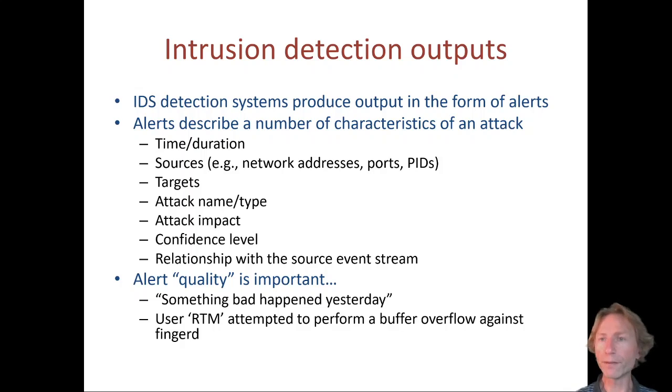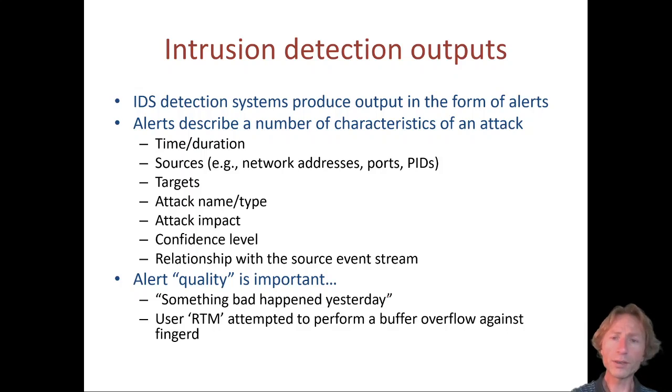Well, it will definitely tell you the time at which the event occurred, but it may also tell you sources, the targets, the attack name or type, if the IDS knows it, the impact of the attack, the confidence level, the relationship with the source event stream, so which events were actually involved in this attack. And the more information your IDS produces, the more useful it is for the analyst that looks at this.